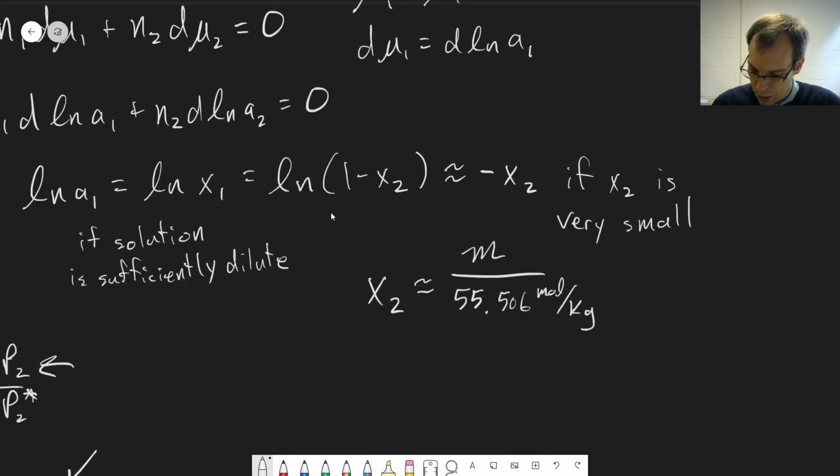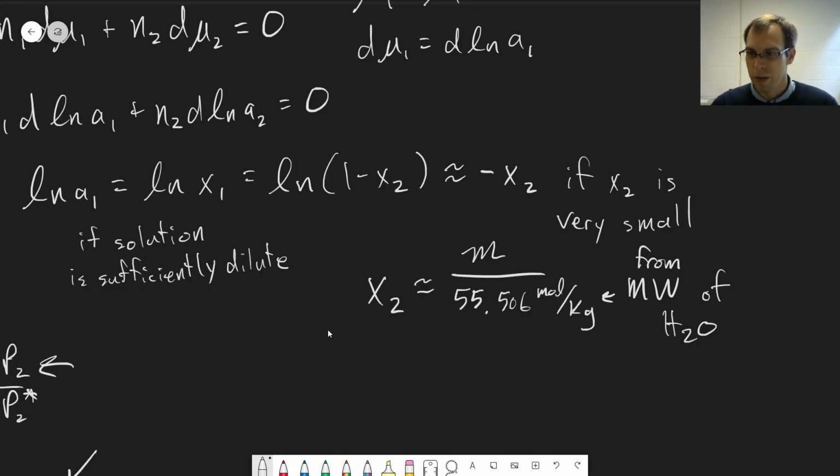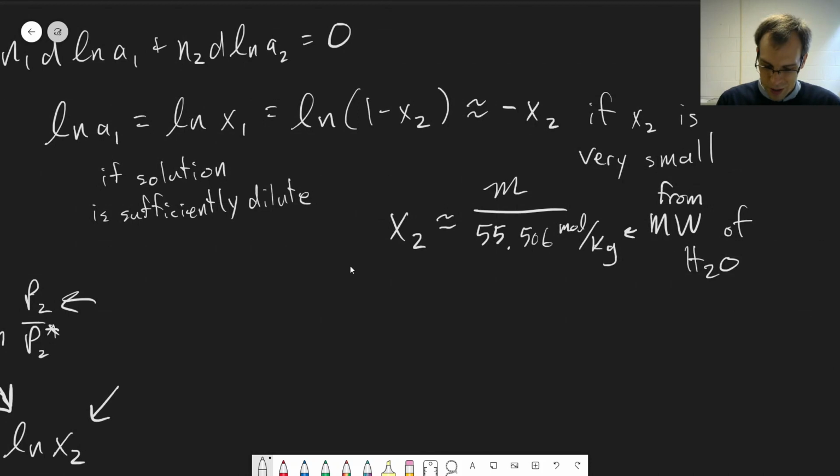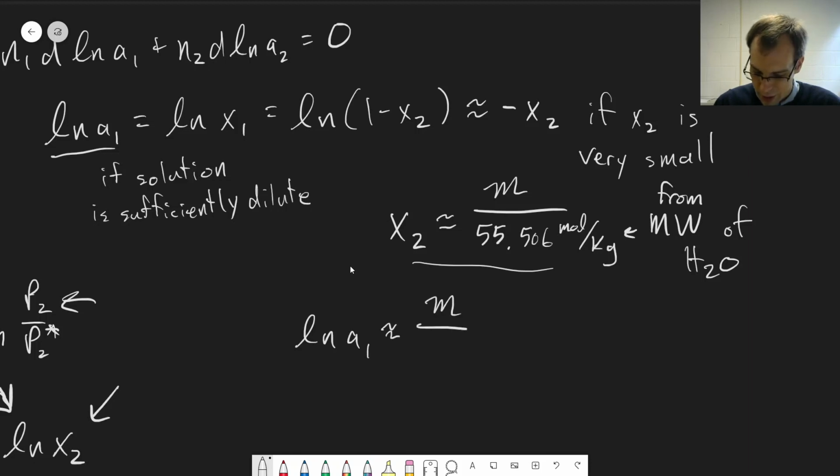This comes from the molecular weight of water, so it is specific to water. Through all these steps, natural log of A1 is about equal to negative the molality divided by 55.506 moles per kilogram. That's what we expect for ideal behavior.